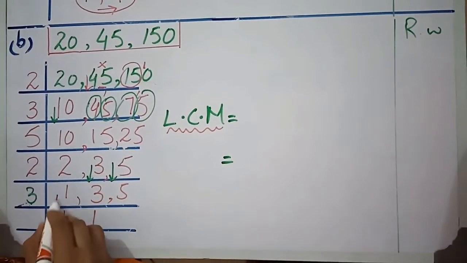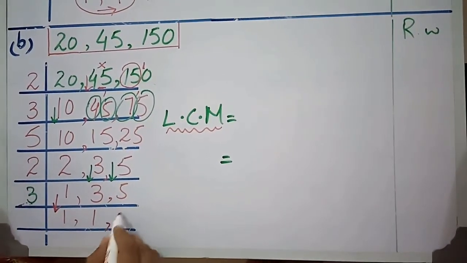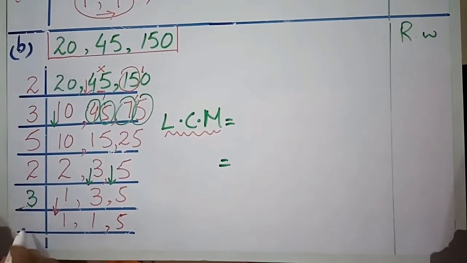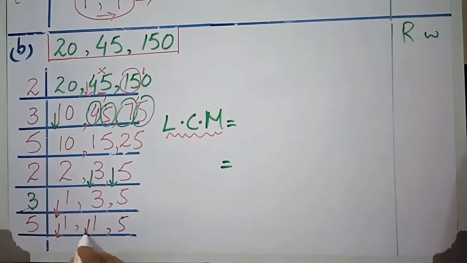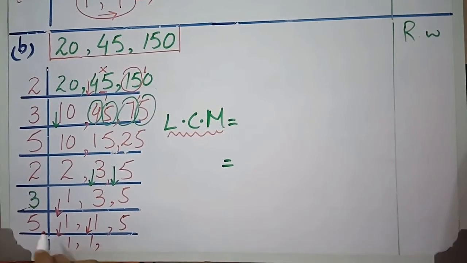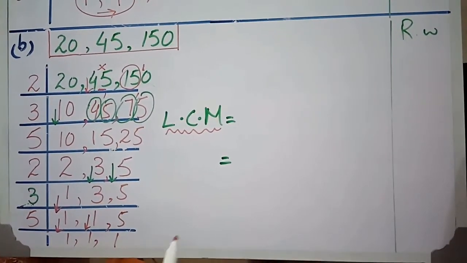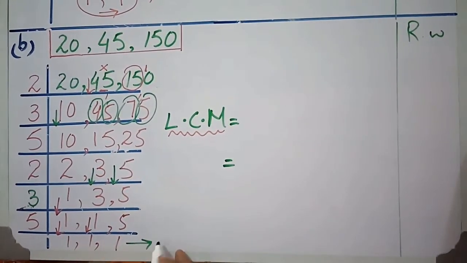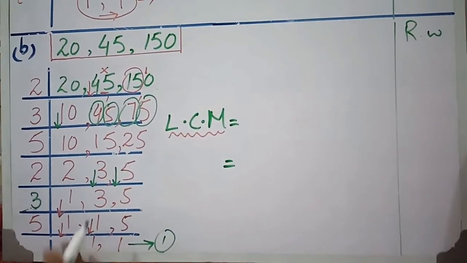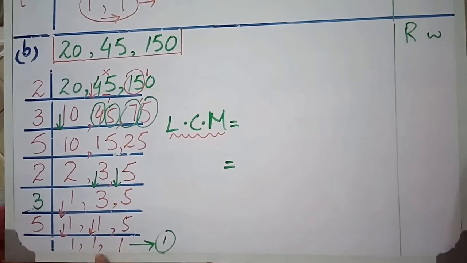We drop down 1, and 3 1s are 3, and 5. Now we will use the common factor 5. We will drop down these both 1, and 5 1s are 5. Now can you see all numbers are 1 here? All are 1. We have to carry the question till 1.